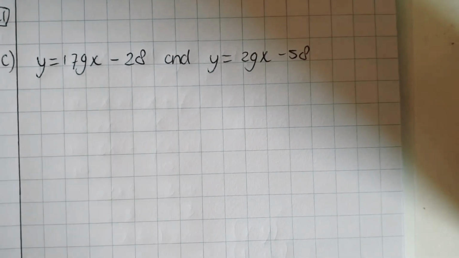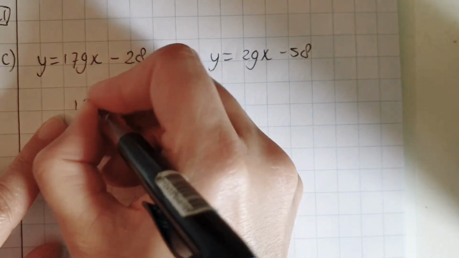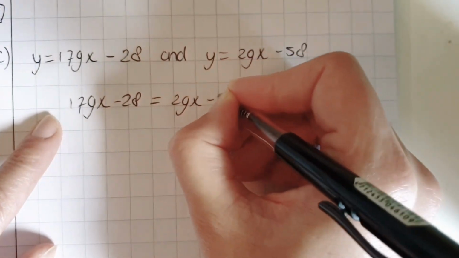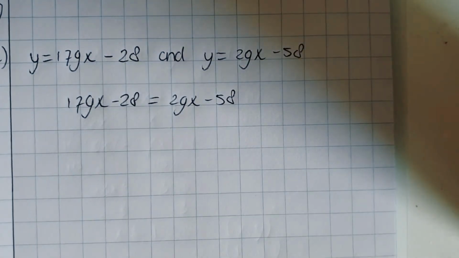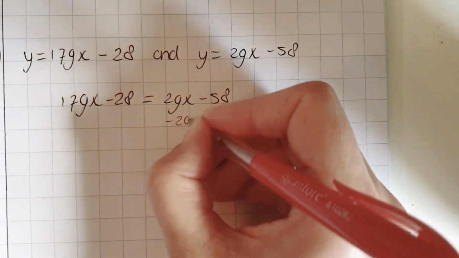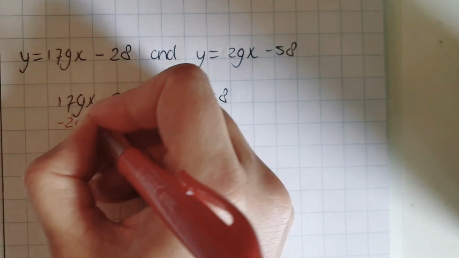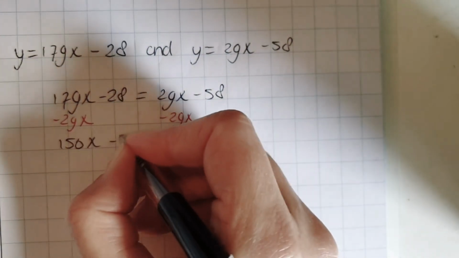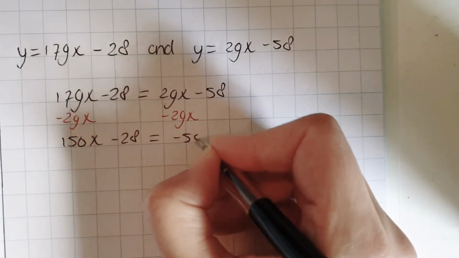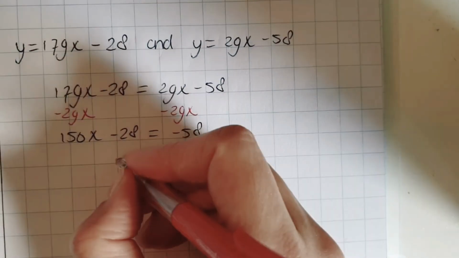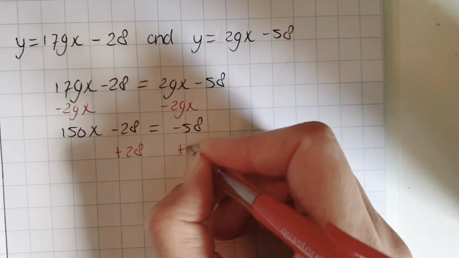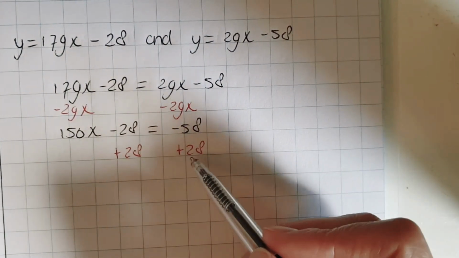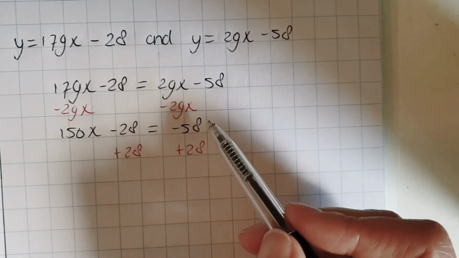And the last one, C. First make an equation. Solve the equation. You can also do plus 28 first and then you do minus 29x, it doesn't matter.